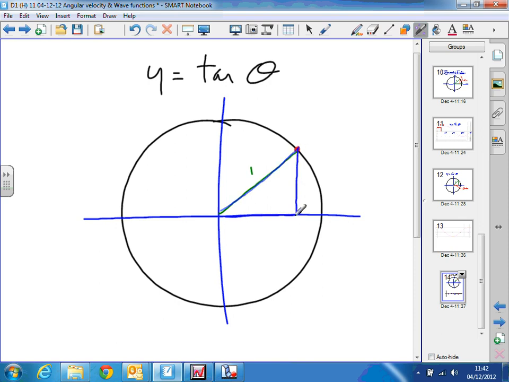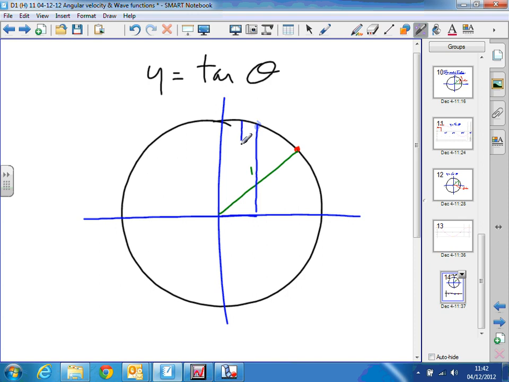So what I do is I think about measuring at any point. Let's say it gets to here. How do I find the tangent? I measure this length, how far has it gone up the y-axis, and divide that by how far it's gone along the x-axis. So as it comes further up, you can see that I'm dividing a large number by a small number.